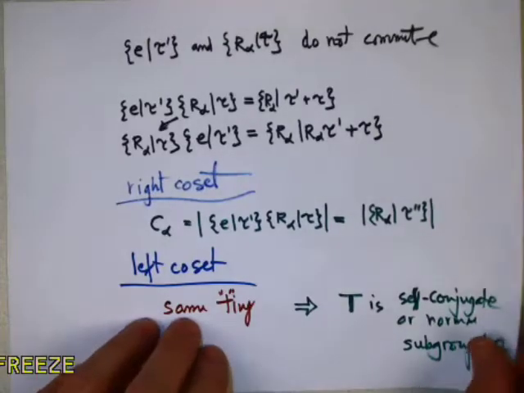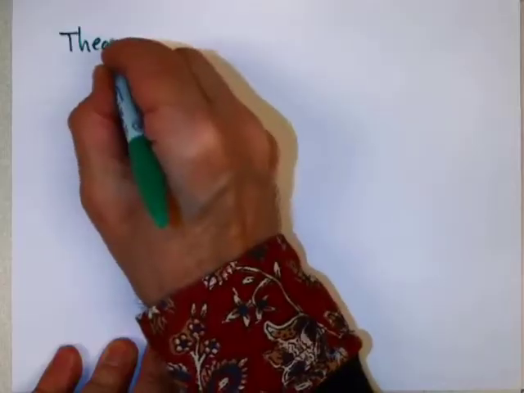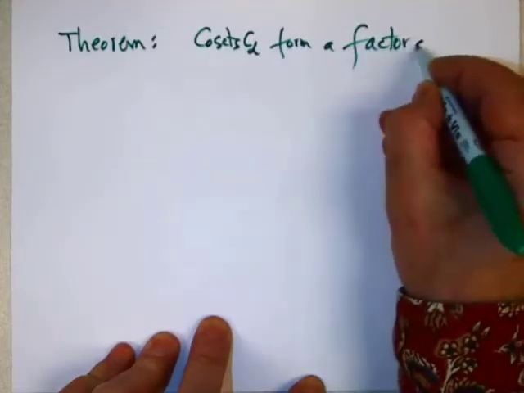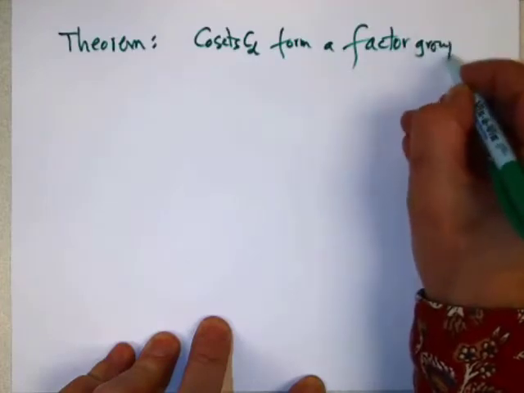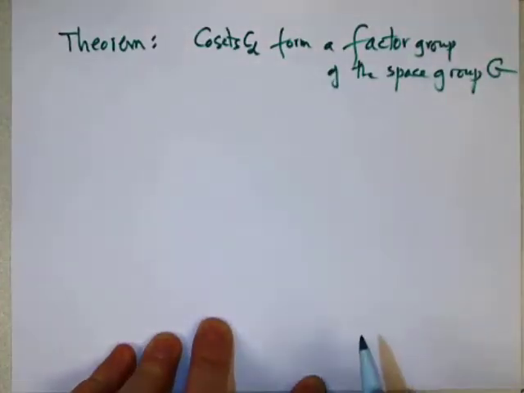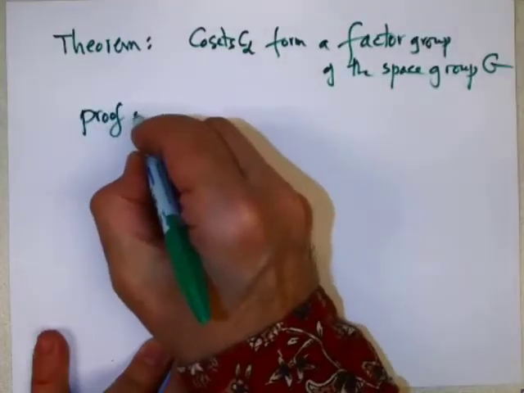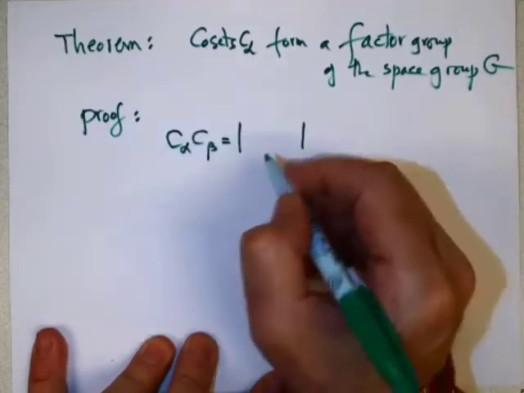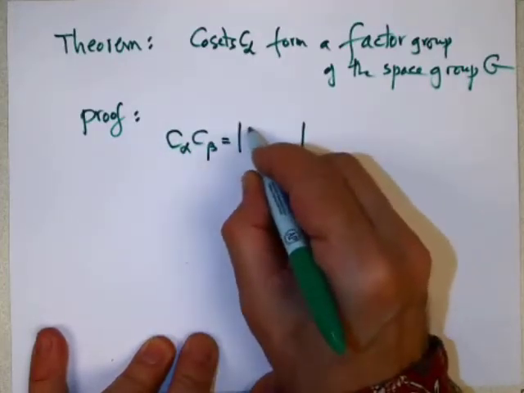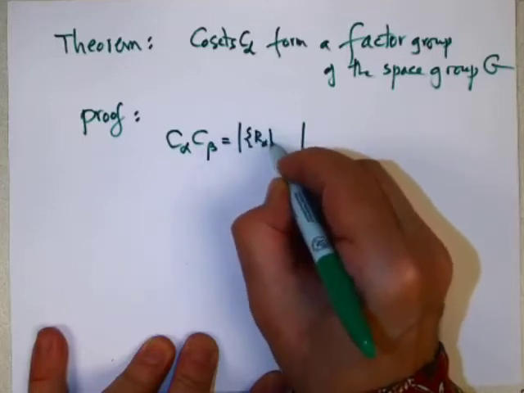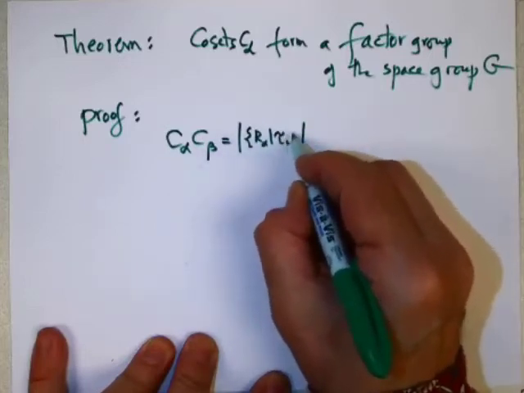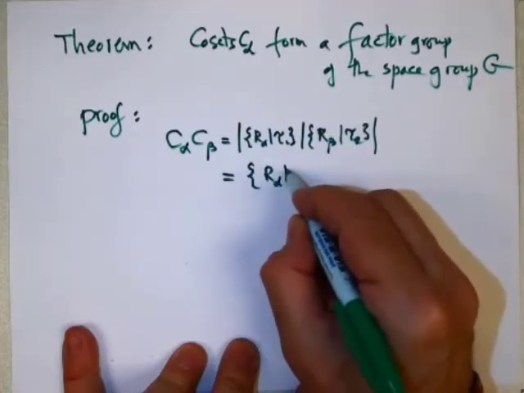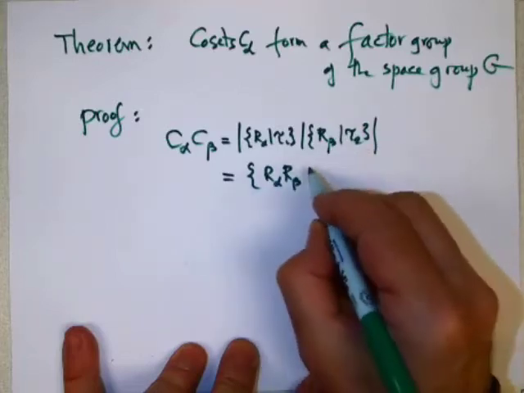So that leads us to the theorem. The cosets C alpha form a factor group of the space group. In other words, a product of two cosets is the product of all possible group elements in the cosets. So all group elements that have rotation alpha in them and rotation beta in them. When you translate, rotations always multiply like this should.